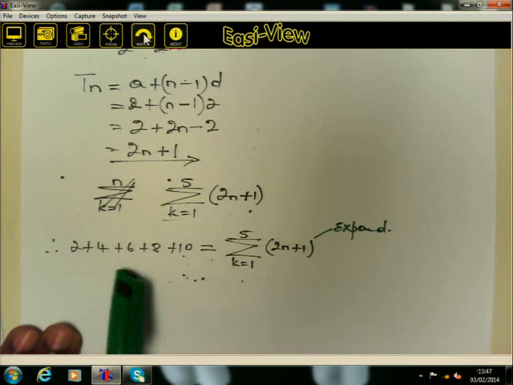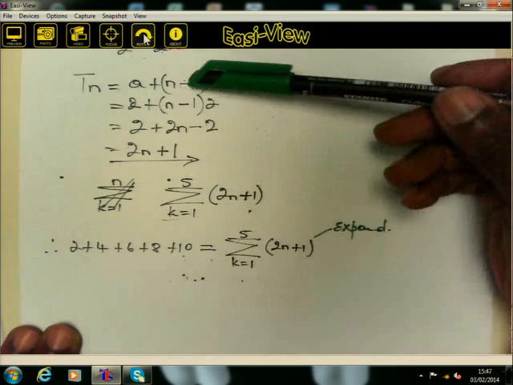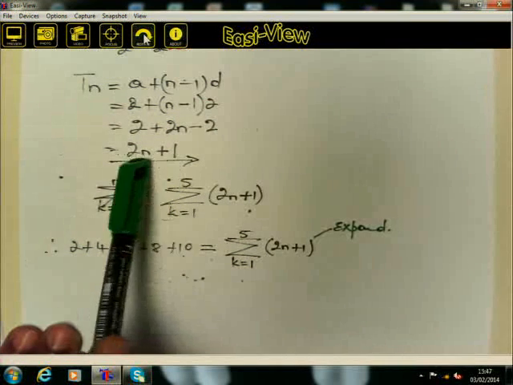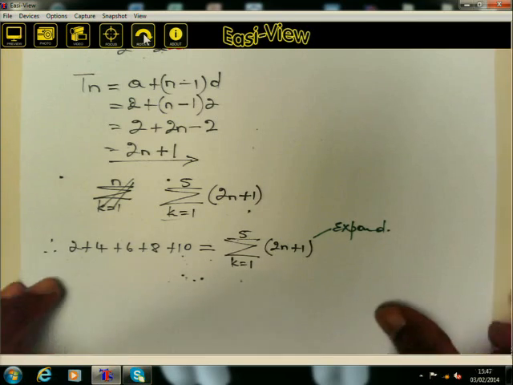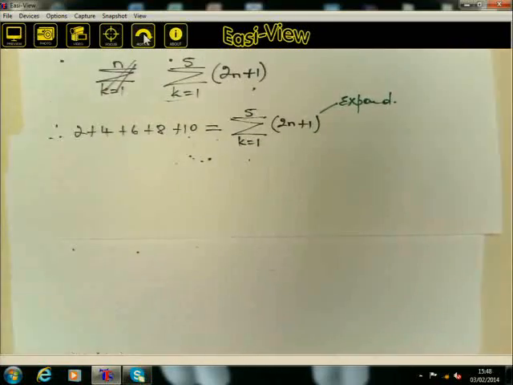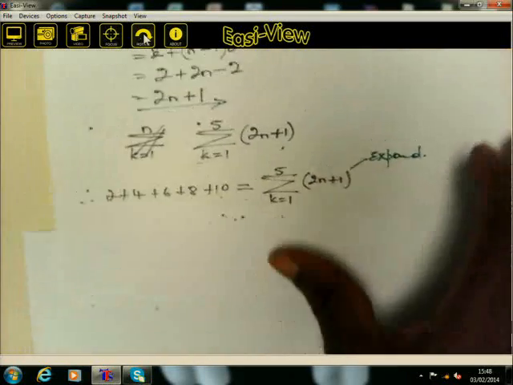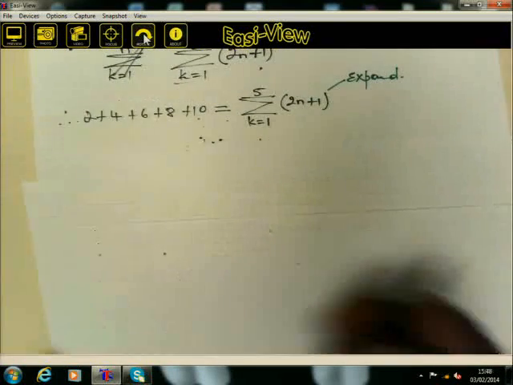When you are writing this in the form of a sigma notation, you are taking it to that side. This is what we need to follow to have the general term of an arithmetic series, and then we can write it back there. So for the expansion, if we want to get the sum, we must first expand it.